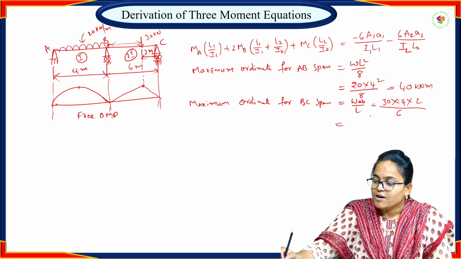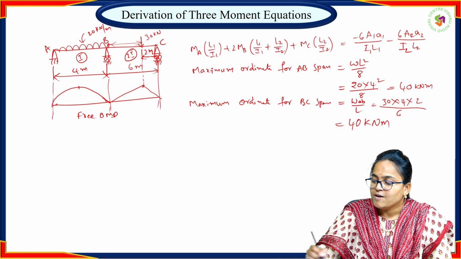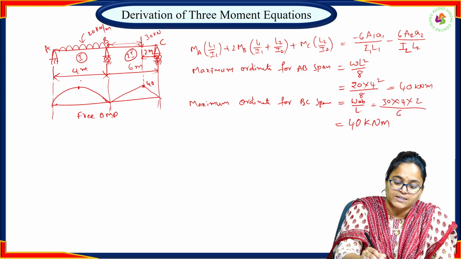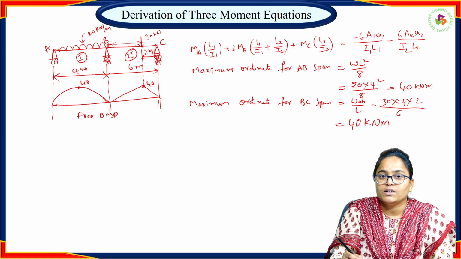So from this we'll get the maximum ordinate in BC span as 40 kilonewton meter. So this is 40 kilonewton meter and this is also 40 kilonewton meter.